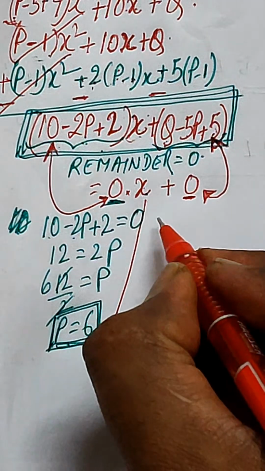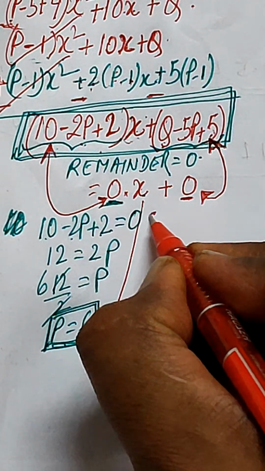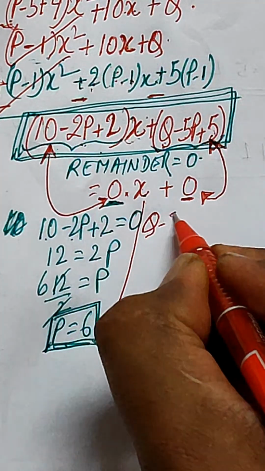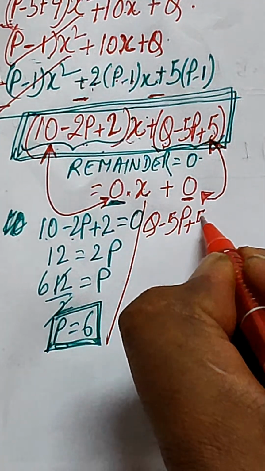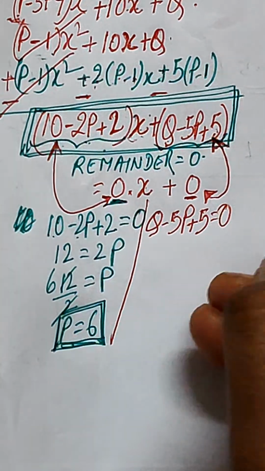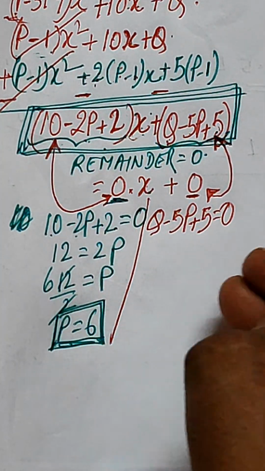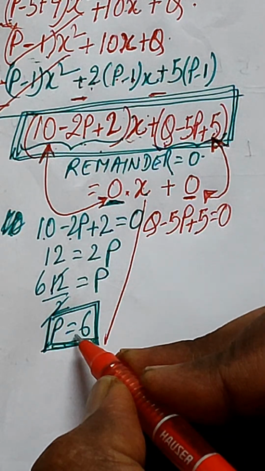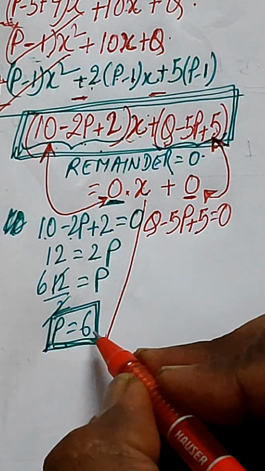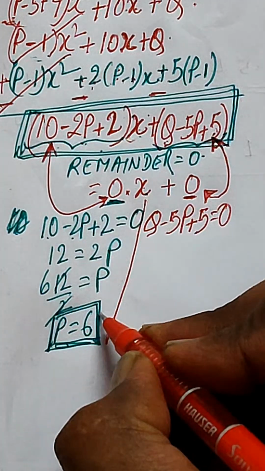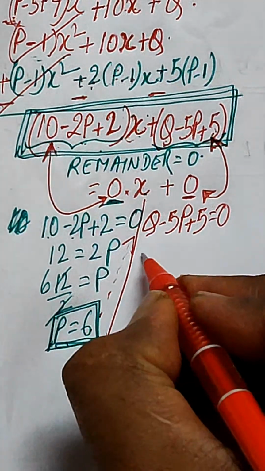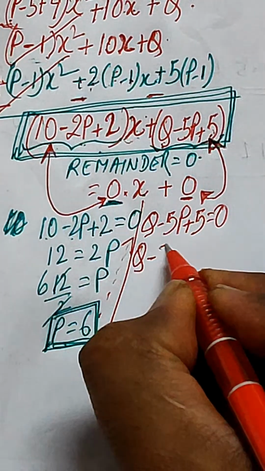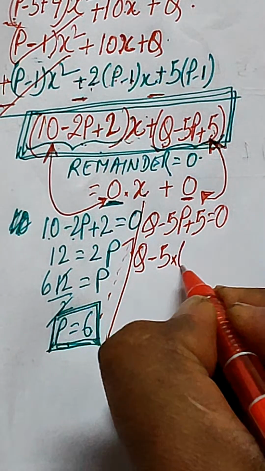Then we can write q minus 5p plus 5 is equal to 0, isn't it? Now just put in the value of p as 6, which we have calculated. When you put this value over here, what do we get? q minus 5 into 6.